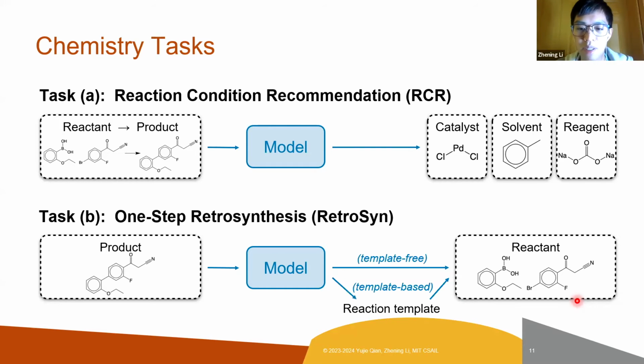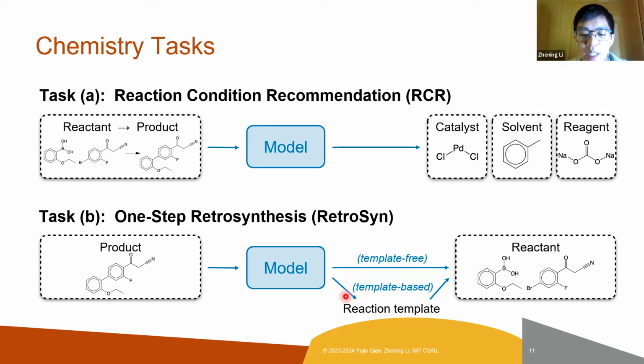For retrosynthesis, we consider two different kinds of models. One is to directly predict the SMILES string of the reactant or the reactants. And this is called a template-free model. The other approach involves first predicting the reaction template of the reaction. And the reaction template can be roughly understood as the class that the reaction belongs to.